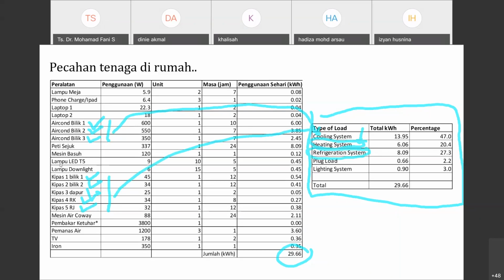Refrigeration system: freeze. So plug load, all the plug load that we have, phone charge, laptop, etc. Lighting system, so calculate the lighting. If you have more types of lighting, just put another type and how many units they have, calculated with the time they use, the consumption of the lighting.